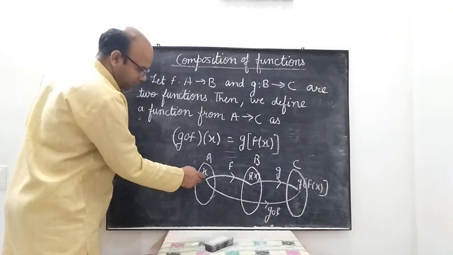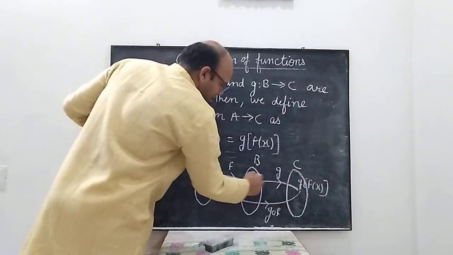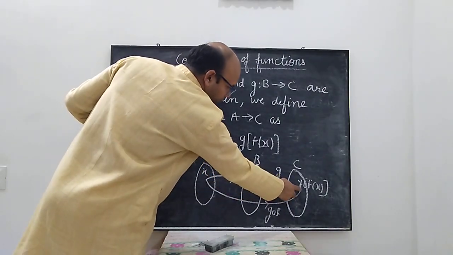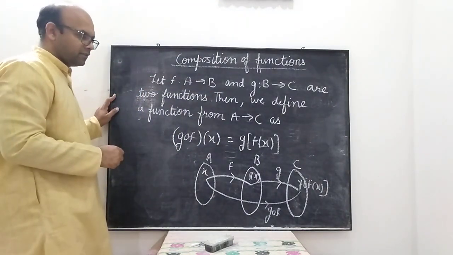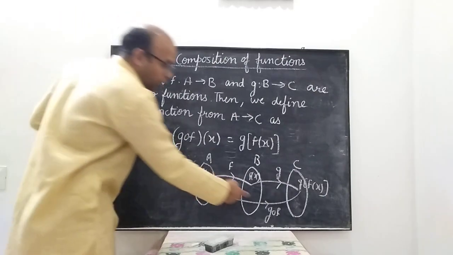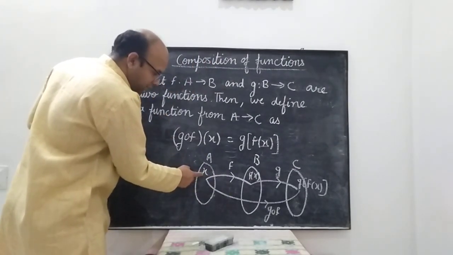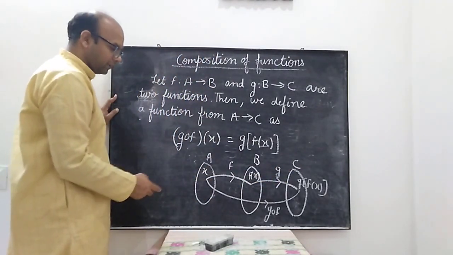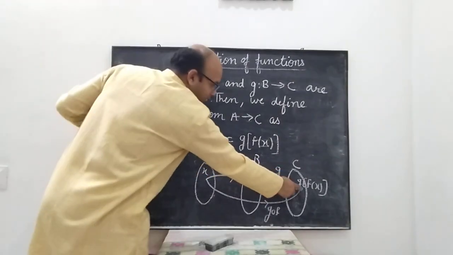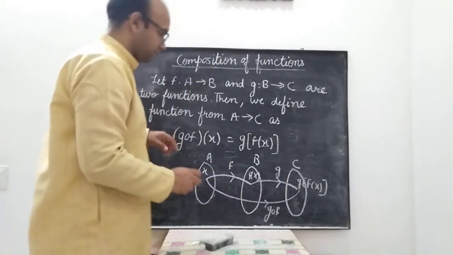If you take the element x, then its image will be fx, and the image of fx under the function g will be g of fx, which will be an element of the set C. So by the function gof, we are directly associating the elements of set A to the elements of set C, and x is mapped into gof of x or g of fx.